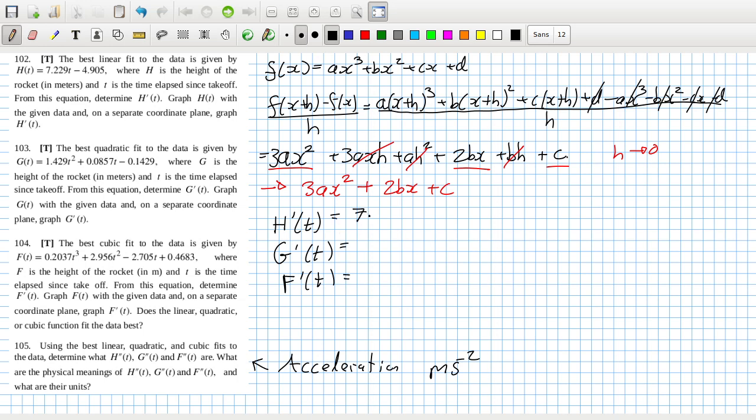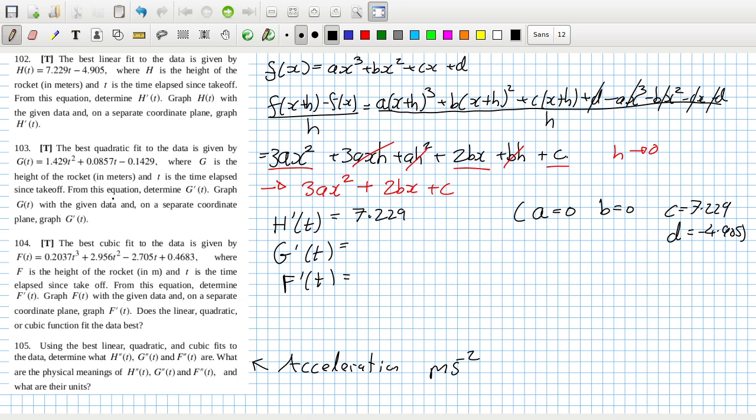So that one would be 7.229, because in that case the a is 0, the b is 0, and the c is 7.229, and the d is minus 4.905. But it actually doesn't really matter about the d, because the d is not in any of the derivatives.